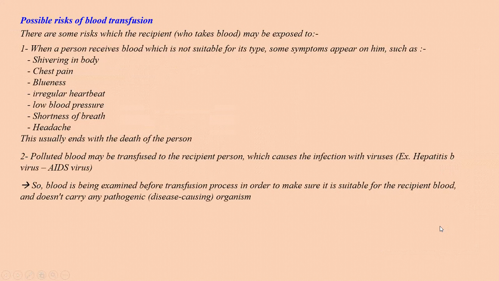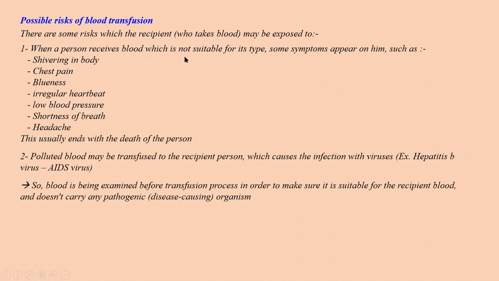Okay, so we'll take this part and then we are going to continue in the next lesson. The possible risks of blood transfusion: there are some risks which a person who receives blood may be exposed to.